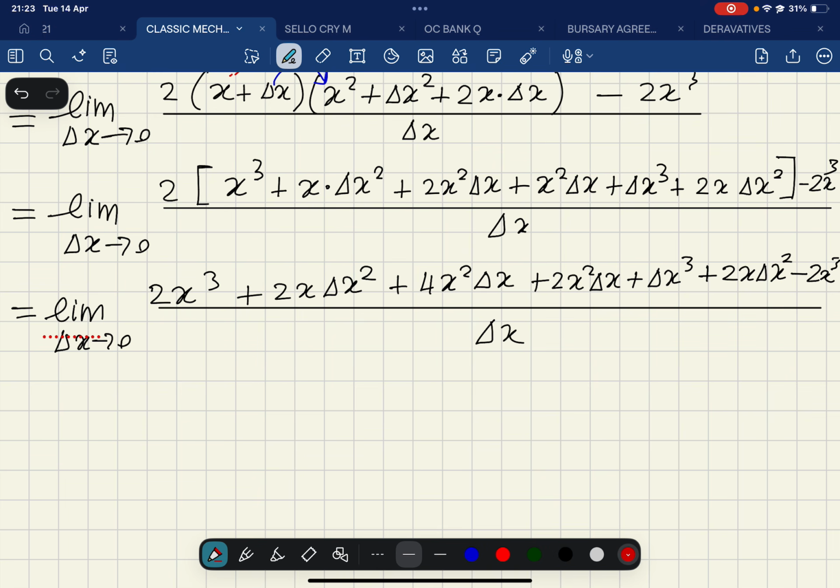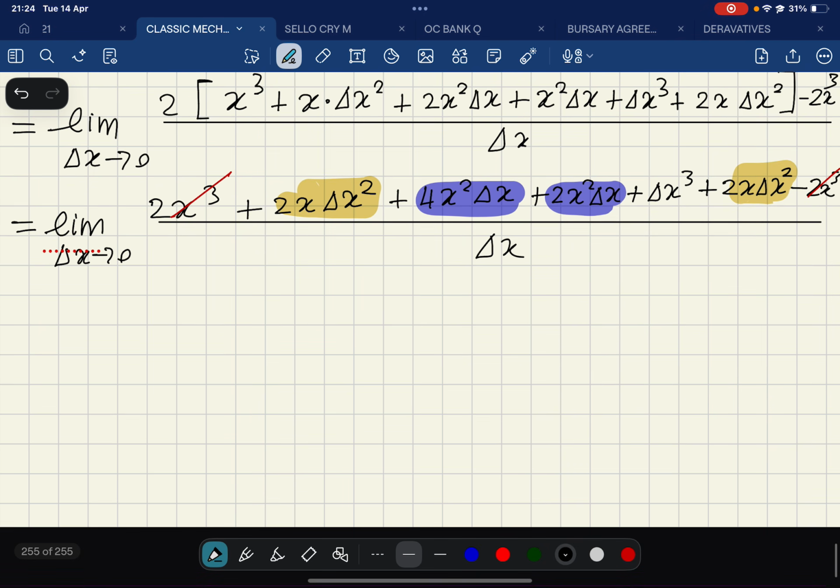If you can check, this one cancels that one, and I think we have the like terms from there. I see x multiplied by change in x squared. Even here I see x multiplied by the change in x squared. Then again I see change in x multiplied by x squared, change in x multiplied by x squared. So we have the like terms there.